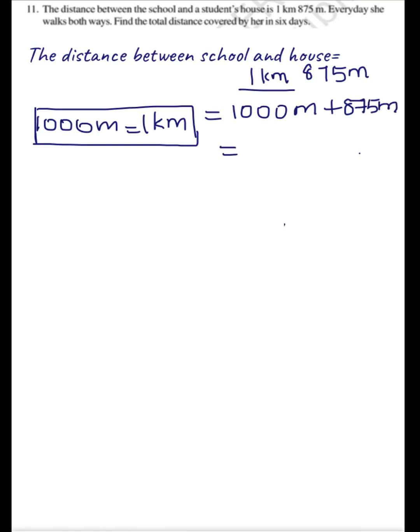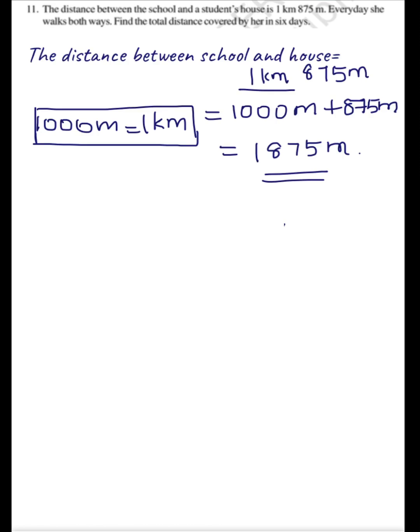Now what is 1000 plus 875? It's 1875 meter. So we got the distance between school and house in meter as 1875 meter.